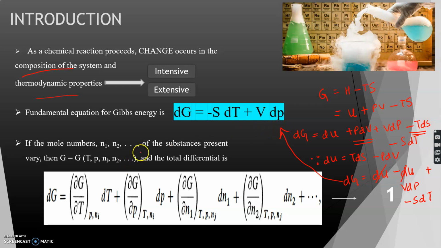If the number of moles, say N1, N2, N3 of the substances present vary, then G varies not only on these terms but also on the number of moles present. So we can write, as we have already seen in the previous lecture, dG is equal to del G by del T at constant pressure and composition into dT, plus this equation continues.